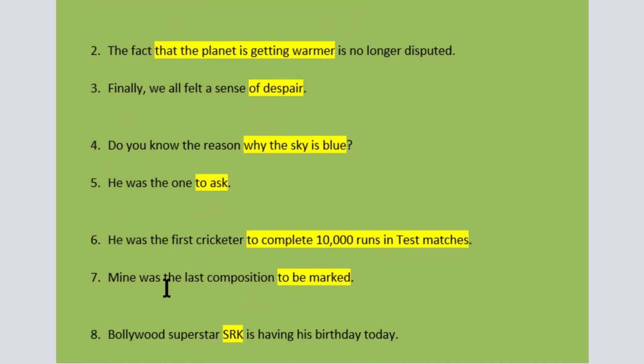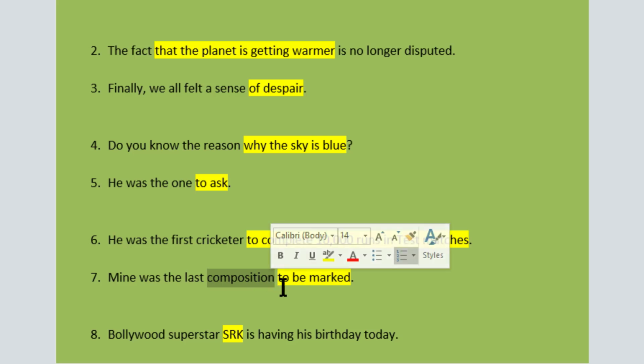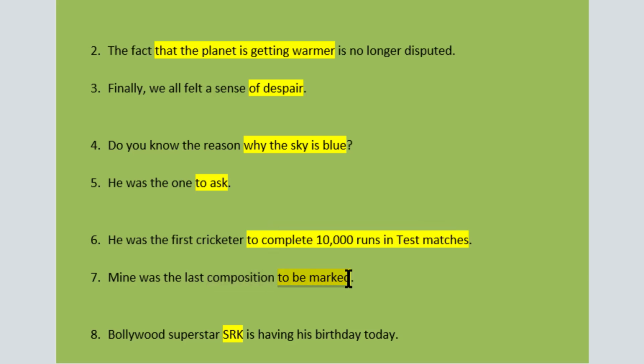This is the complete noun phrase. In this noun phrase, we have the head word composition, and then the complement to be marked. This one is in passive voice, the passive voice of the simple infinitive. So we can have even an infinitive as a complement of the head.